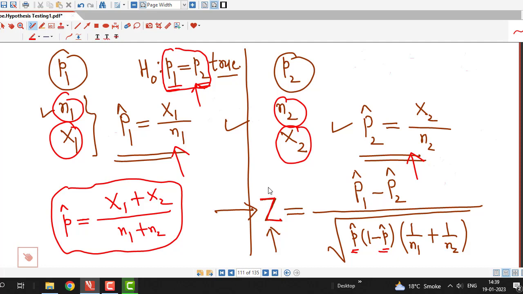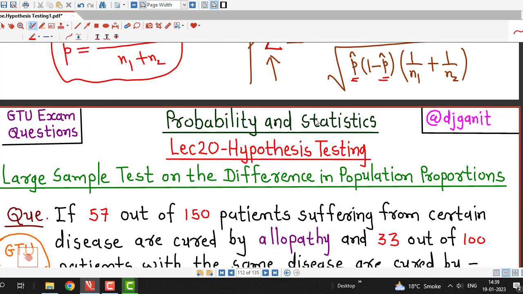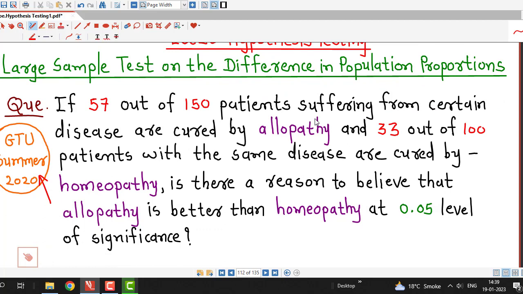We know that this Z follows a normal distribution, so to find the critical values we will use the cumulative standard normal probability table. With this in mind, we try to answer this question which was asked in the GTU Summer 2020 exam.